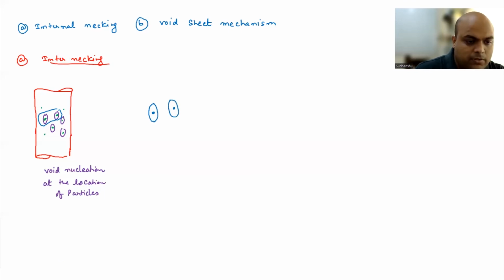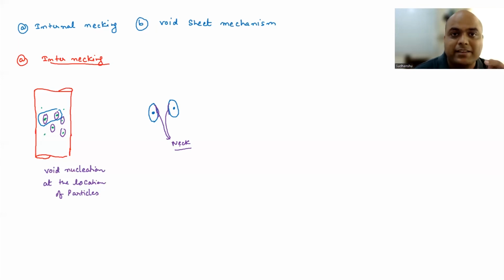Right now, there is no void between these two particles. Can I assume that there is a necking here? So there is a neck. So these two are like neck to me. So a strain is going to localize now between these two regions because of the formation of neck.